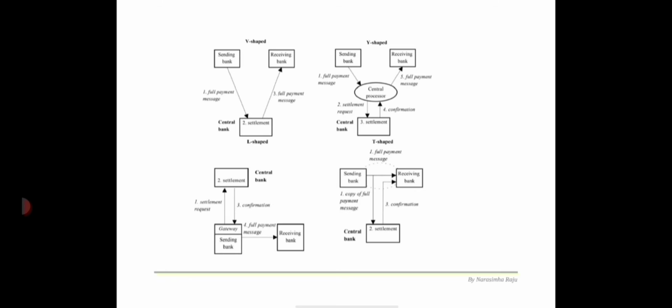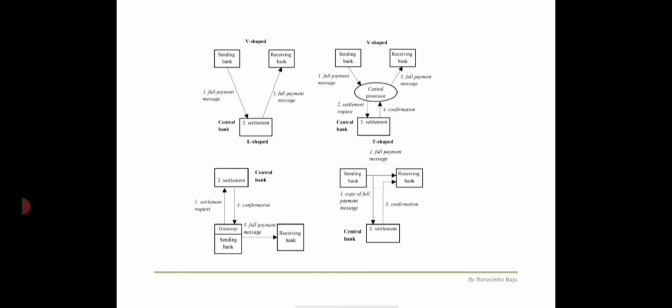bank. And coming to the last type of RTGS settlement, T-shaped. Alternatively, an RTGS system could apply a T-shaped structure in which the sending bank routes the payment message directly to the receiving bank, which is sent simultaneously to the central bank.